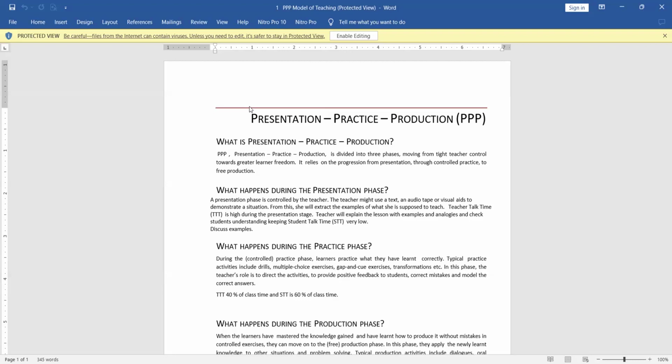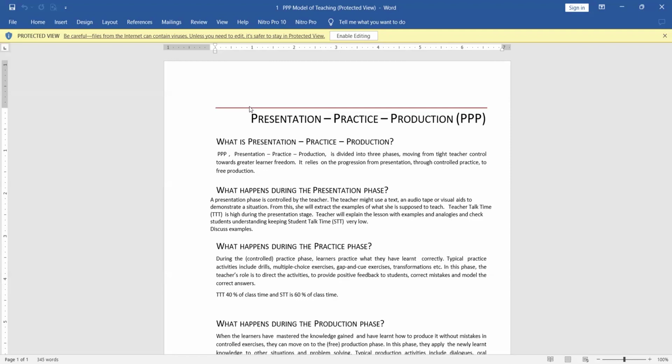So what are the two teaching models? The PPP model and the 5E teaching model. So we will first start with the PPP model.